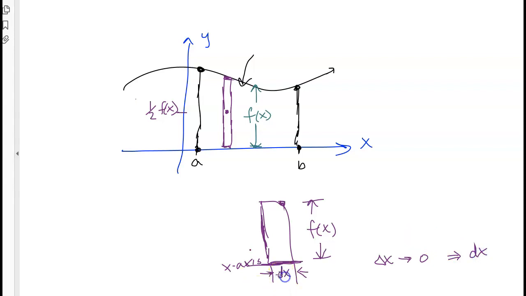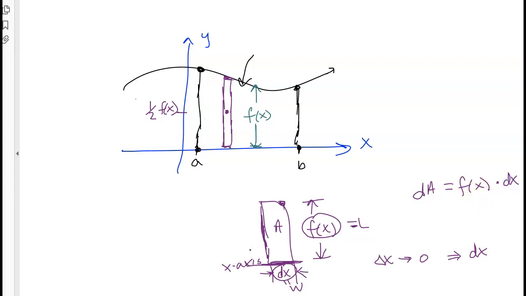So that's what we would put here. And of course, this is a length, this is a width. If we multiply the dx and the f of x, that gives us the area of this strip, which we're going to call dA. So it's essentially just going to be f of x times dx.